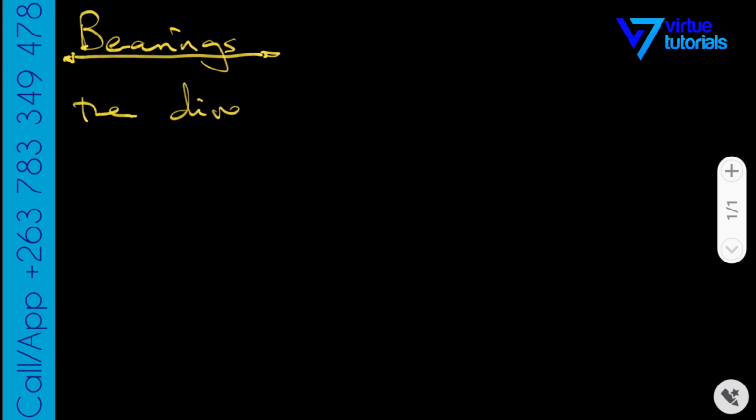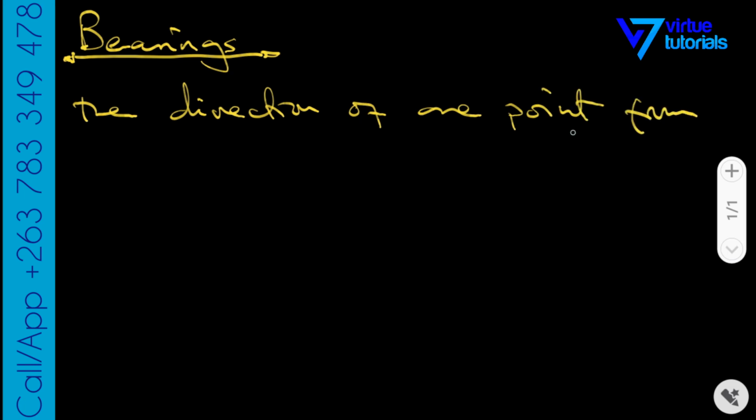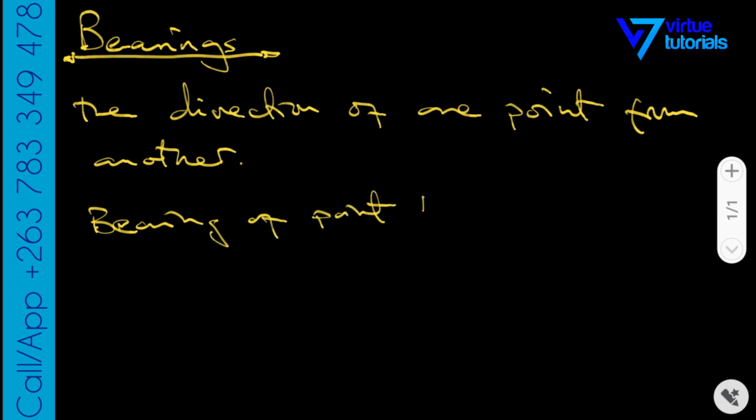So this is the direction of one point from another, right? So if I say the bearing of point A from B, this simply means what direction is A when you are at B. So if you are standing at B, what direction is A?